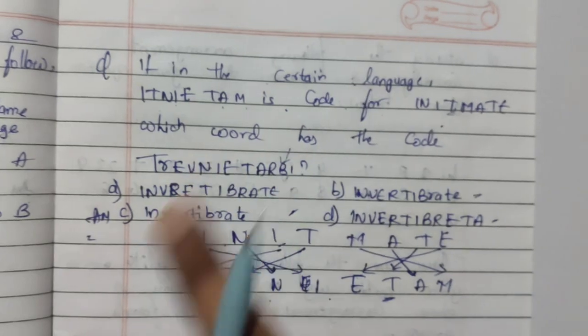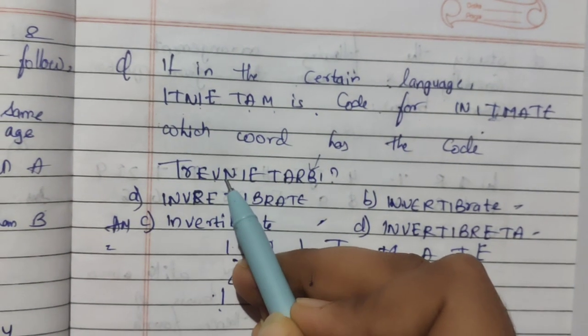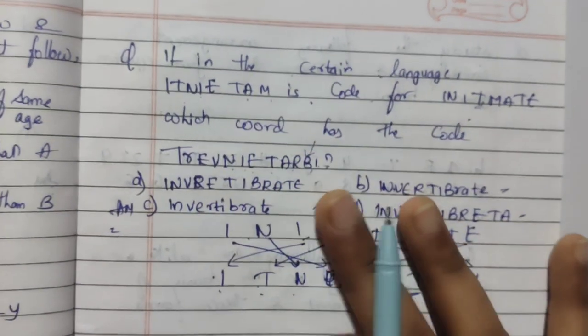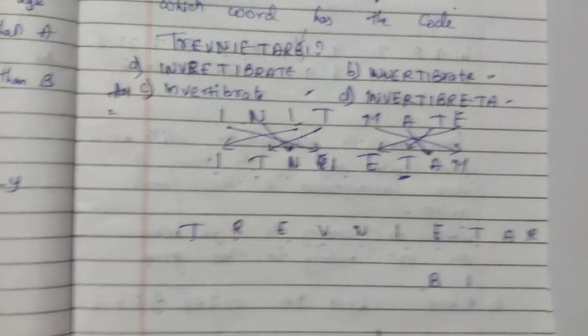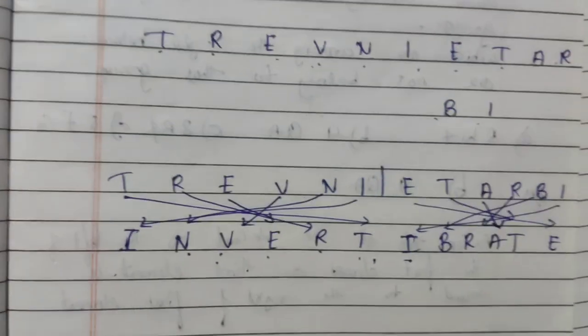Now for this, if we divide it into two parts, how many characters are there? 1, 2, 3, 4, 5, 6, 7, 8, 9, 10, 11, 12. It is 12 characters, so we divide it into two parts, 6 and 6. Now we'll try to decode that one.